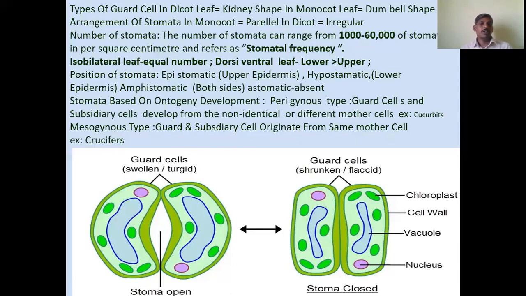Mesoperigenous means two guard cells and a part of the subsidiary cells are derived from different mother cells, that condition is called perigenous. But the other group of subsidiary cells is derived from only one kind of mother cells, that is called mesogenous. A mixed condition seen in a few dicot plants, that is mesoperigenous type.